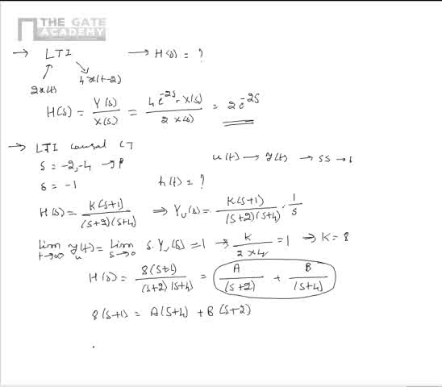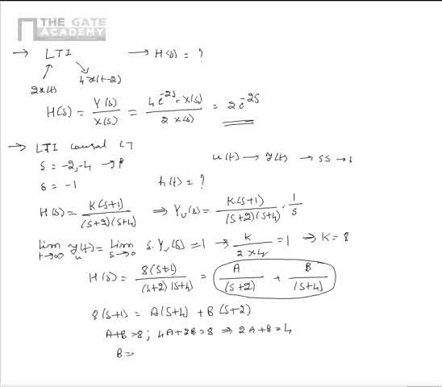Upon equating the terms corresponding to s and constant term, we get that a plus b is equal to 8, and 4a plus 2b is equal to 8. That implies 2a plus b is equal to 4.